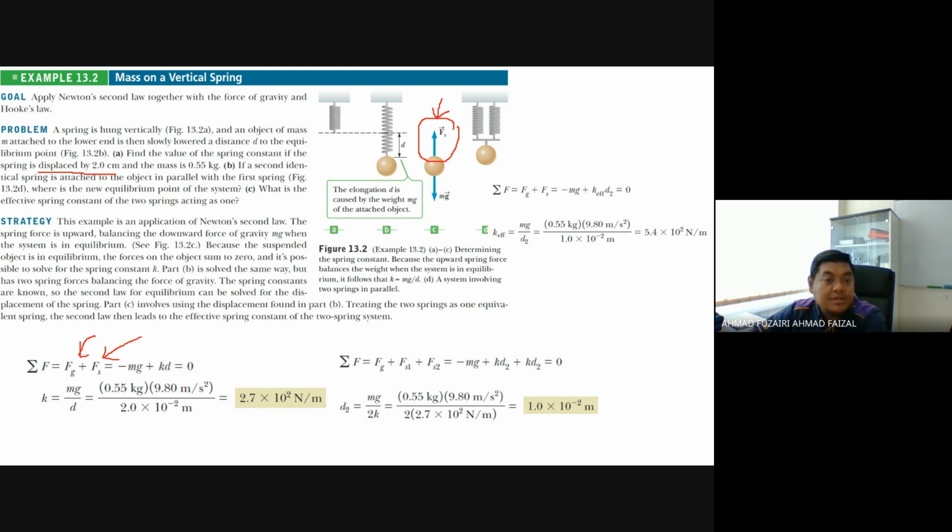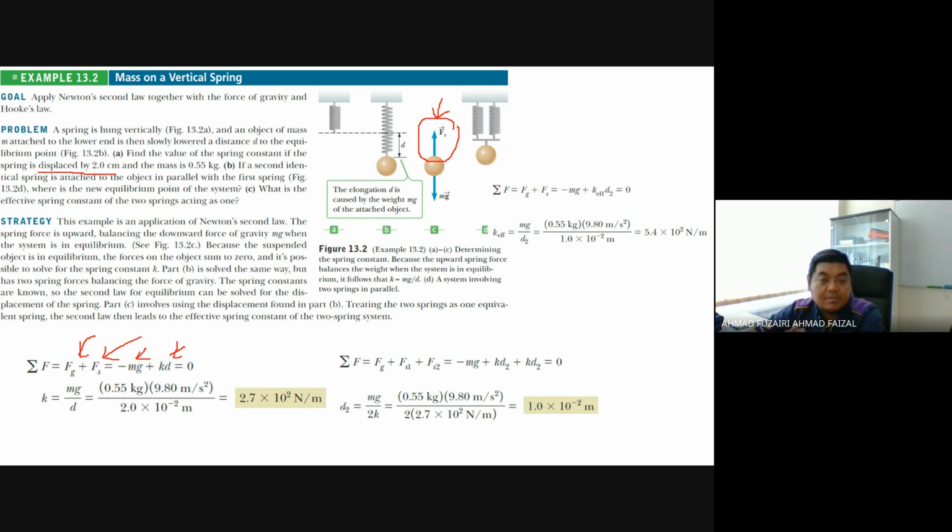The gravitational force is mg, m times g, with a negative sign because it is directed downward, and kd. kd is the spring force, because the spring force is F equals negative kx.